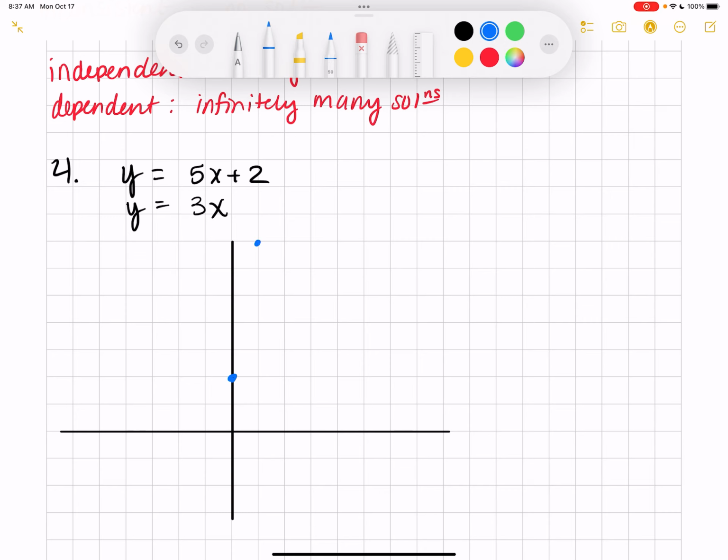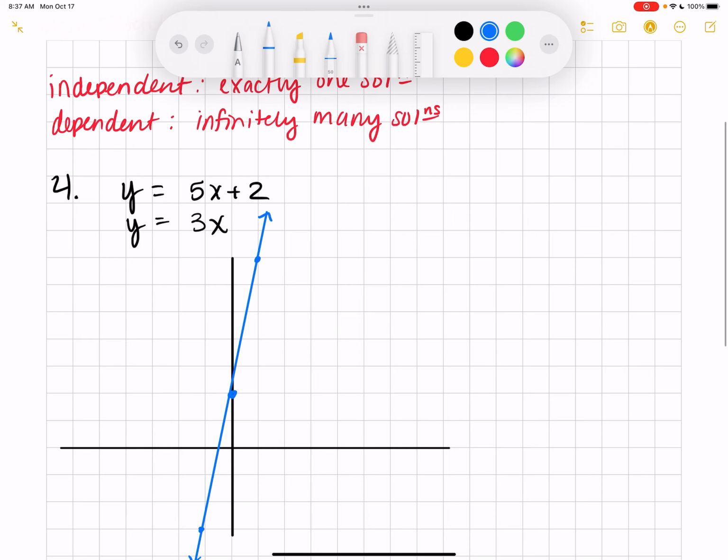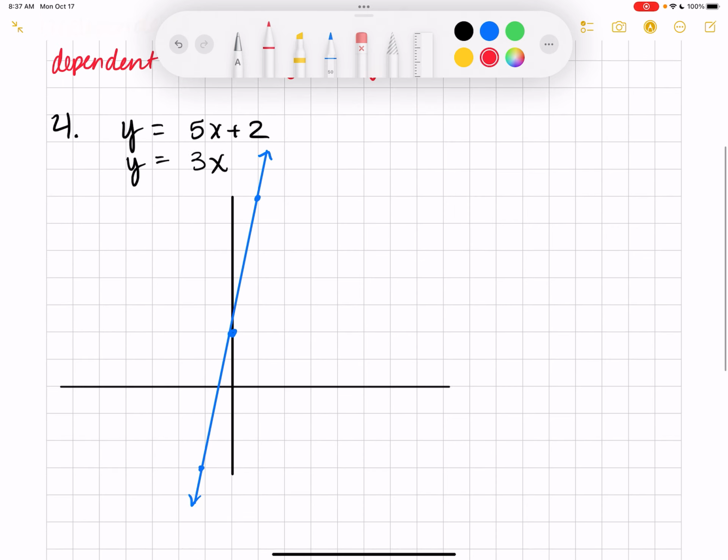And then I can connect my dots, more or less. So then my other line has a y-intercept of 0. And then we have a slope of 3, so up 3 over 1.